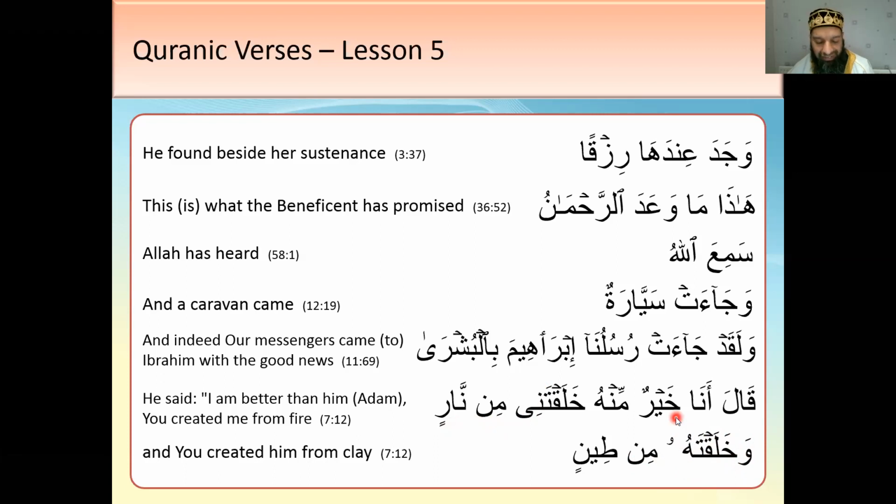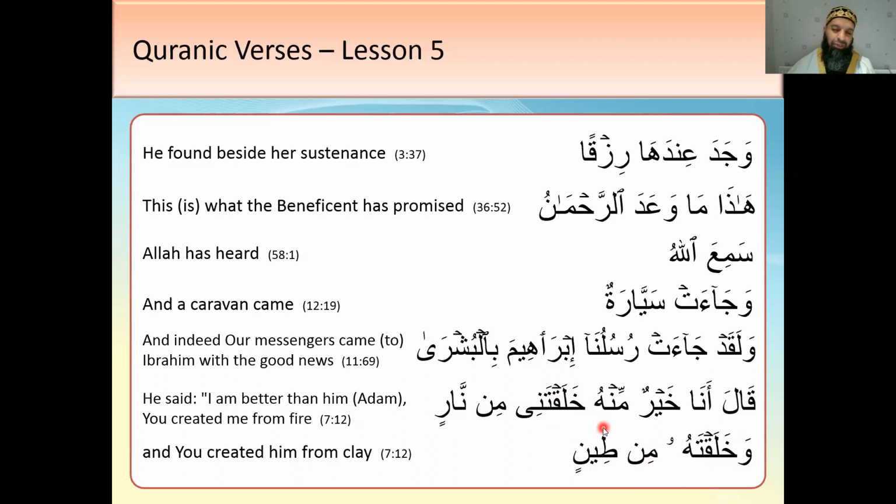Him. Min teen, from clay. This is Shaitan speaking: he said, I am better than him, talking about Adam, alayhis salam. You created me from fire, and you created him from clay.